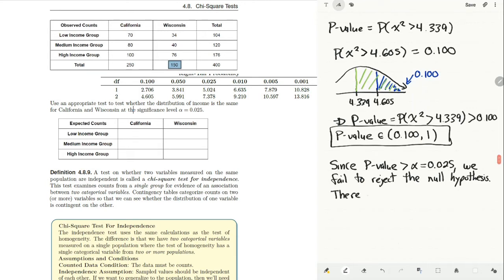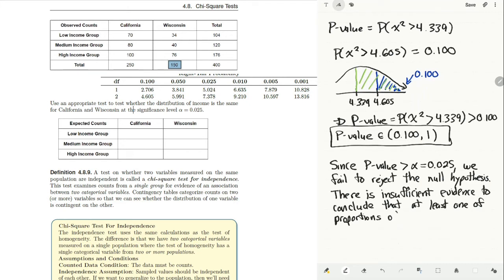So this tells us that there is insufficient evidence to conclude that at least one of the proportions of income groups is different between the states.